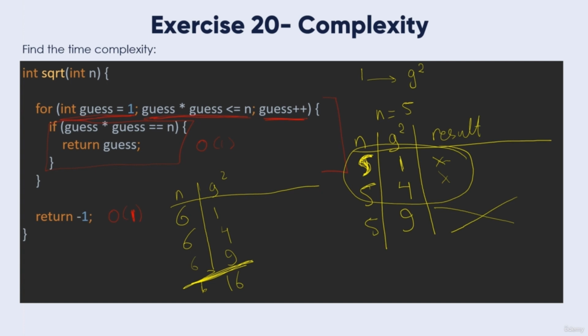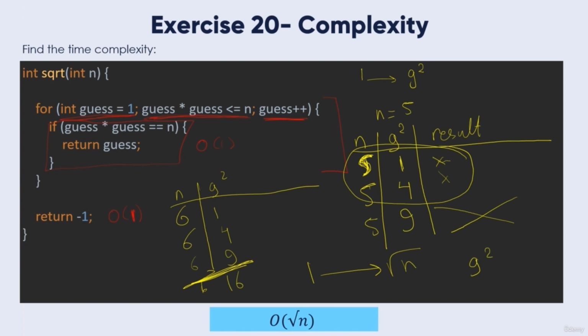We are executing and looping this from 1 till radical n. It is radical n because we are getting the square root of guess square, and it is less than n. So it's very simple.